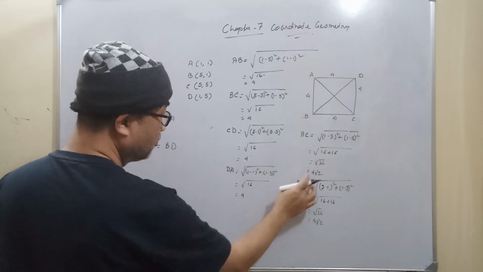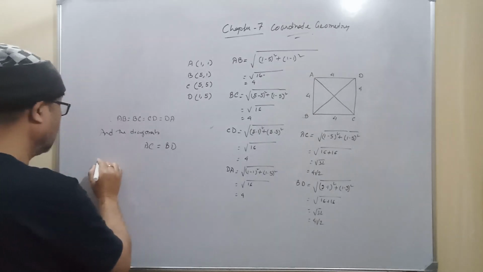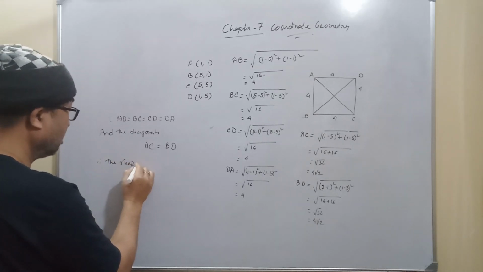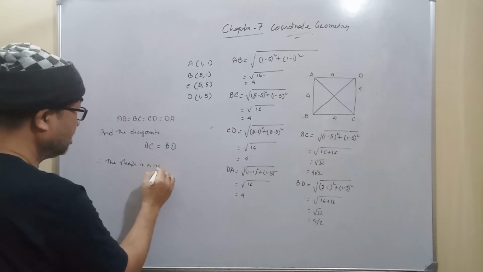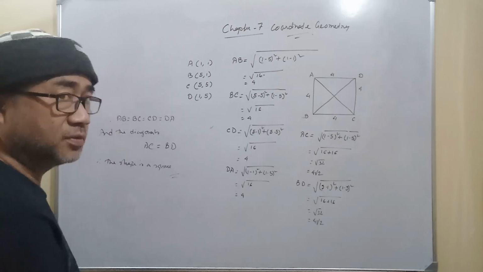AC is equal to BD, 4 square root 2, 4 square root 2. Hence, the shape is a square. Hence, it is proved.